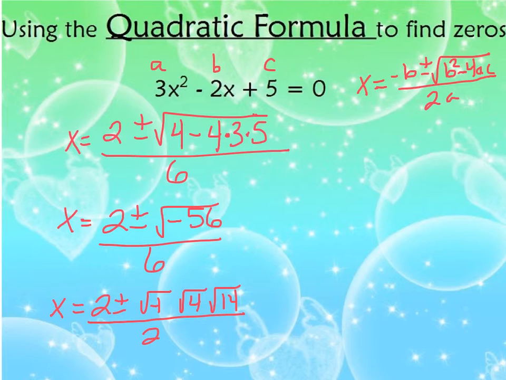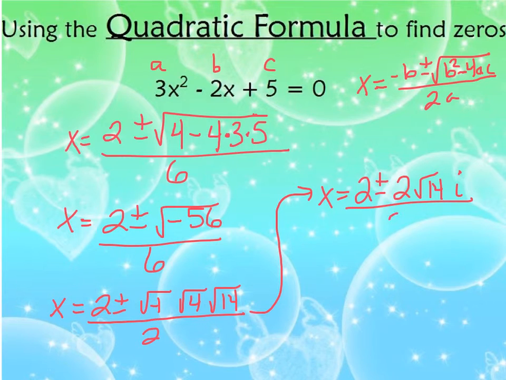All right, so what I end up with is x equals 2 plus or minus the root of negative 1, which is going to be an i, and then I have a 2 root 14. So I'll write the 2 root 14, and then I'll put the i on the end, all over 2.